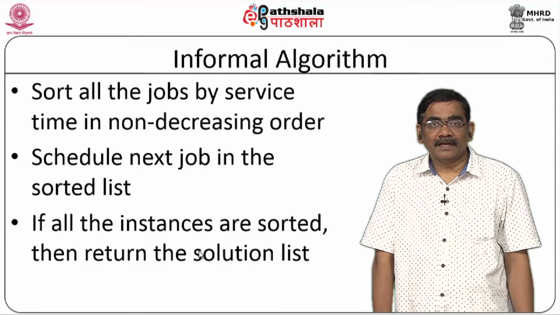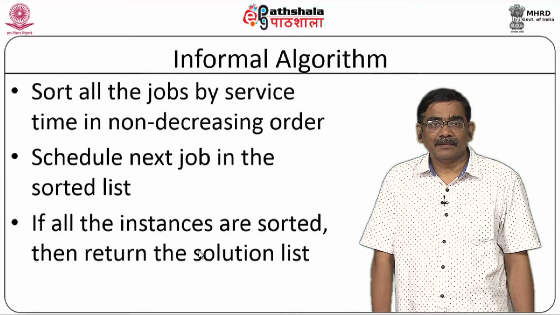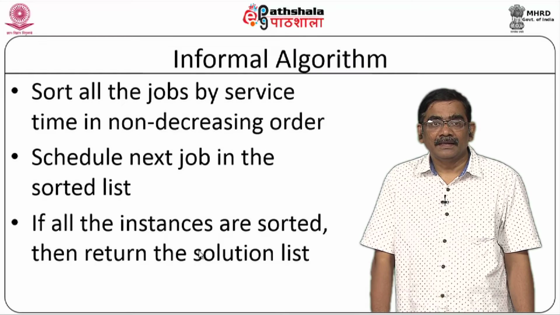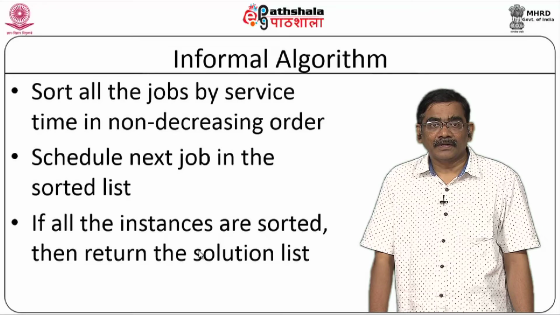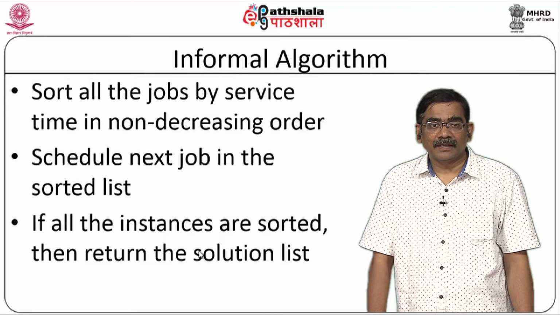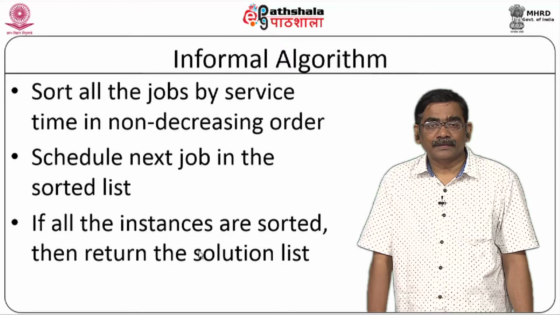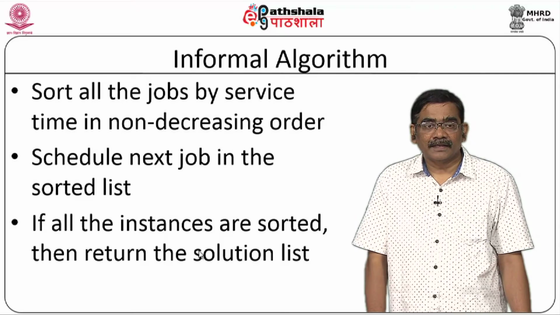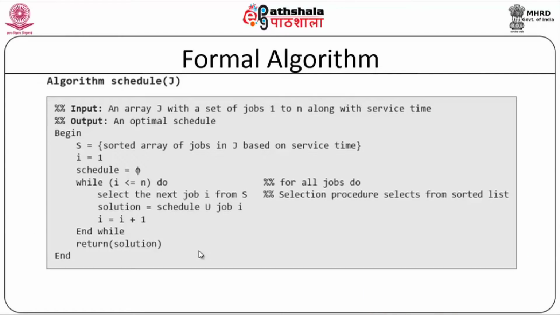The informal algorithm is very simple: sort all the jobs by the service time in non-decreasing order. Then we have the sorted list, where the jobs are sorted based on the running time. Based on that, I am going to allocate jobs from the sorted list. This is the informal algorithm. This is the formal algorithm.